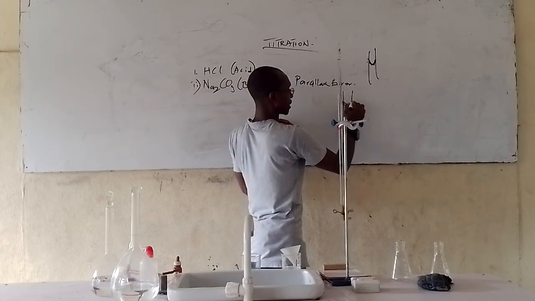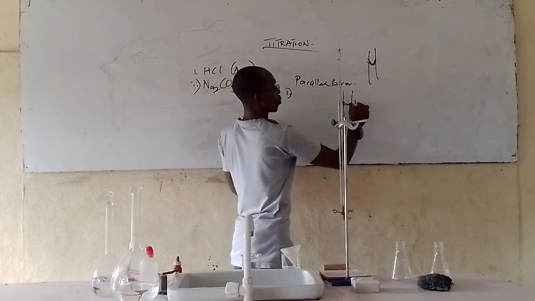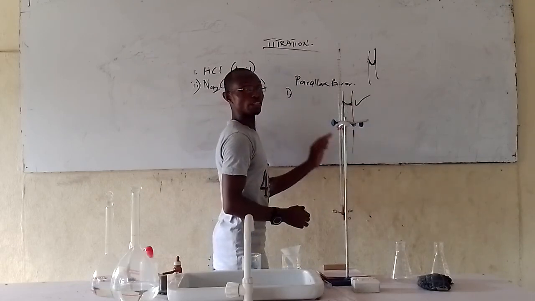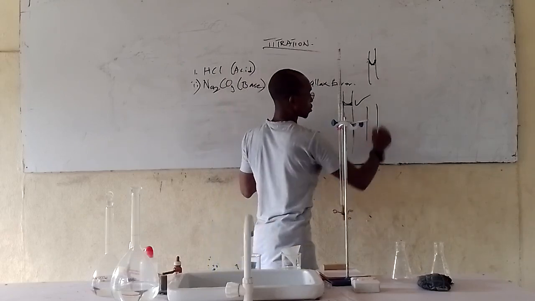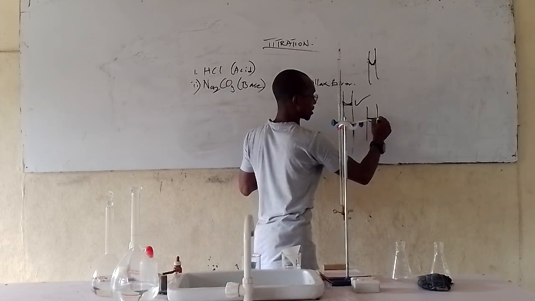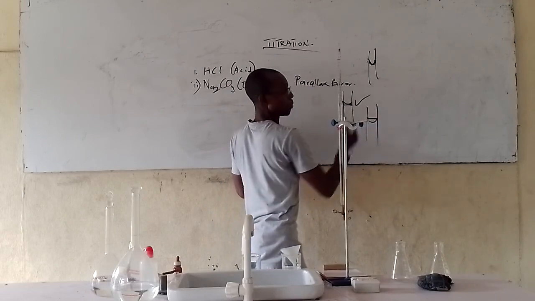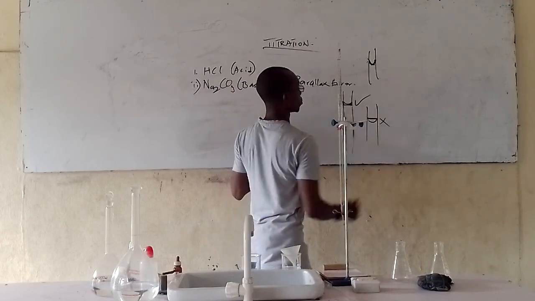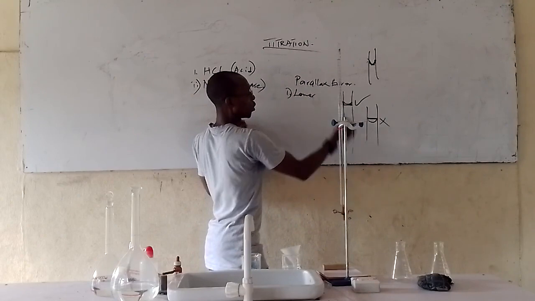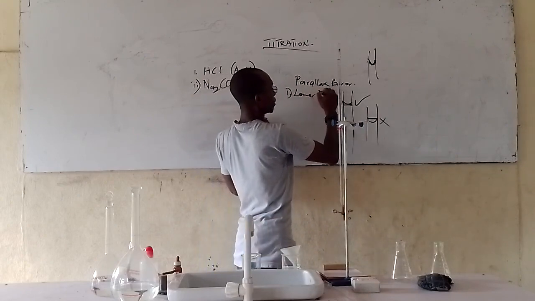This is what we refer to as the normal measurement. If you have yours looking like this, where the lower meniscus is under the mark, then this is wrong. So one of the errors is having the lower meniscus below the mark.